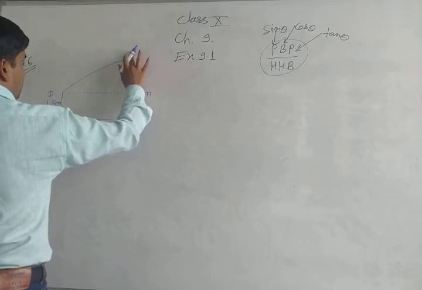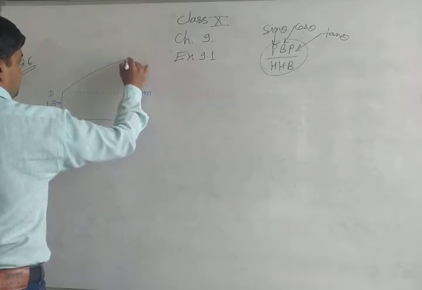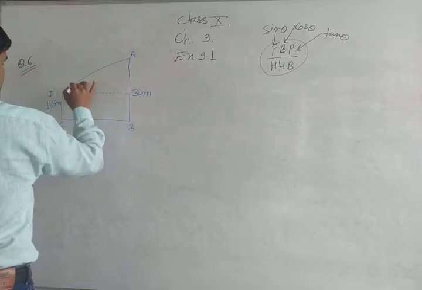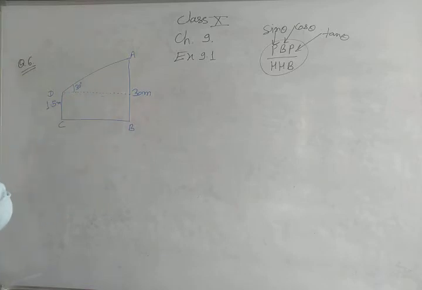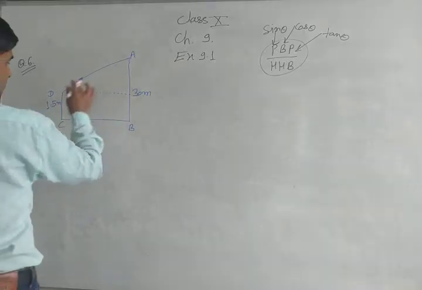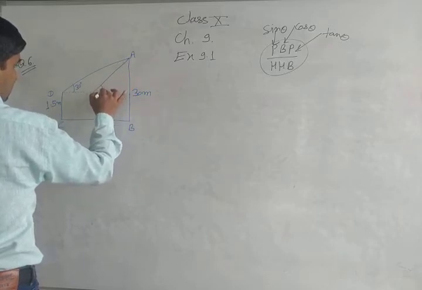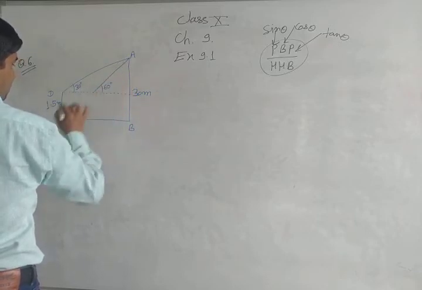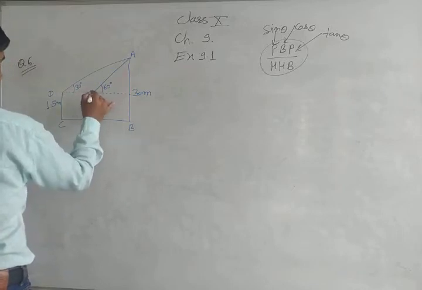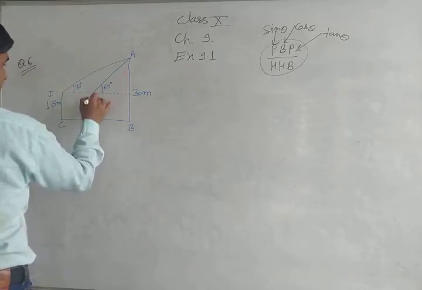So the angle is first 30 degree, and when he comes toward the building, the angle increases from 30 degree to 60 degree, and we assume this point is E.